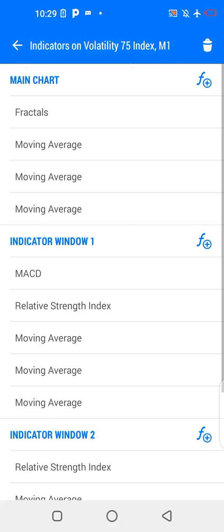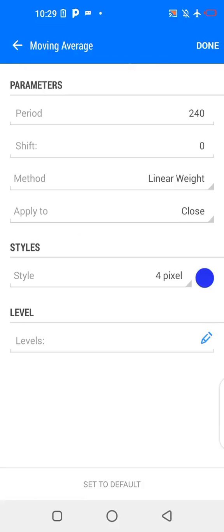The next one is the 240 period moving average. The method is linear weighted, applied to close, and the color is blue. Then I have a 13 period moving average. The method is simple, applied to close, and the color is orange.